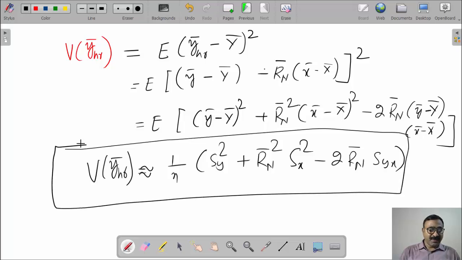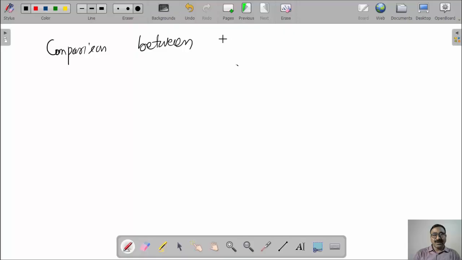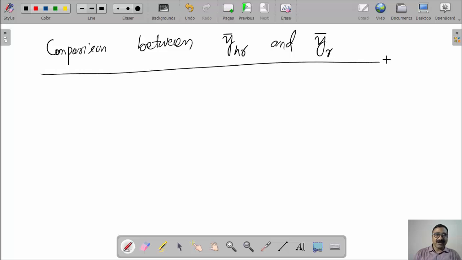Now we have to compare this Hartley-Ross estimator, which is unbiased, with the simple ratio estimator. So now the comparison between the Hartley-Ross estimator and the usual ratio estimator y R bar.